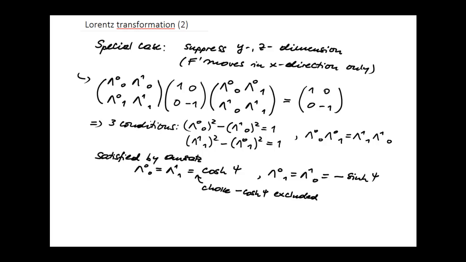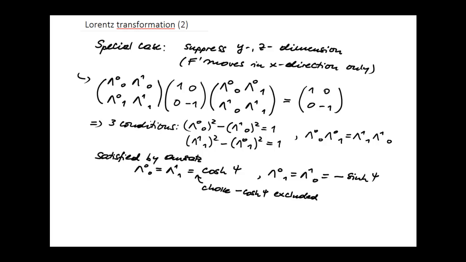So this must be contained as a special case. We have the unit matrix if we choose psi equal to 0, because then the hyperbolic cosine is equal to 1, and the hyperbolic sine is equal to 0. So with this choice, we include the special case of a unit transformation.